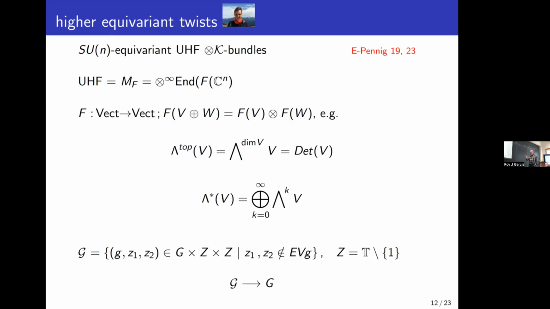Then there's a map where I just forget the Z's and go to G. For the conjugate action, these are equivalent group outs. So I don't really think about G and G, I think about G and this Carl G. This is very similar to what I had before.